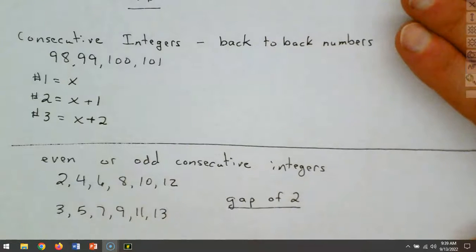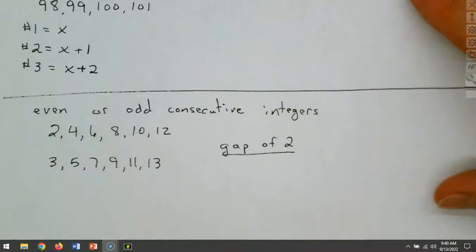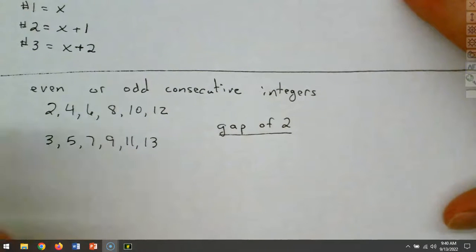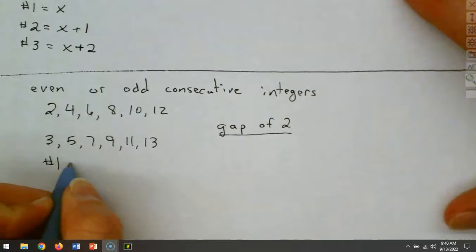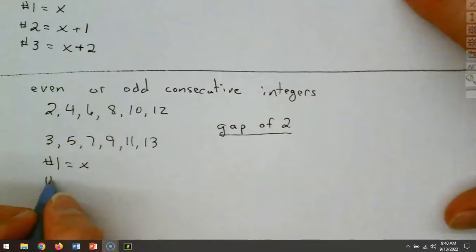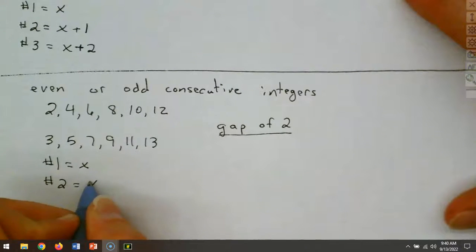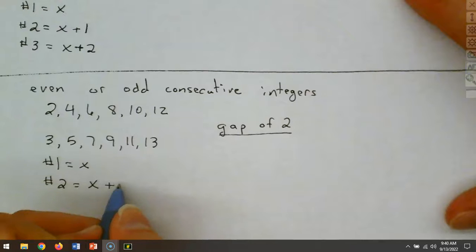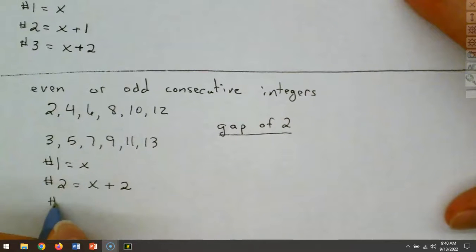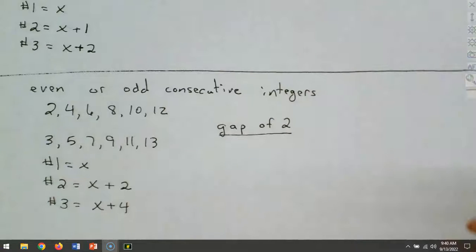So that means when we work with consecutive even or odd integers, the first number is x. The second number is not x plus 1, it's x plus 2. And the third number, we add 2 again, so that would be x plus 4.